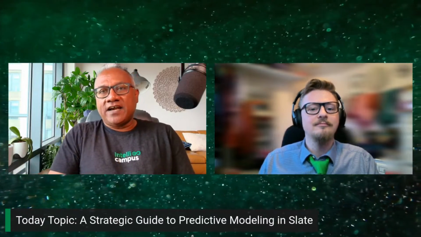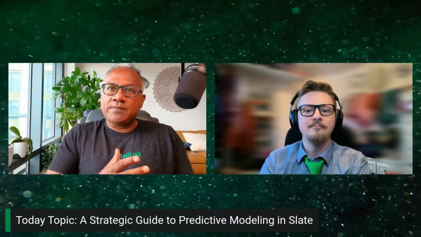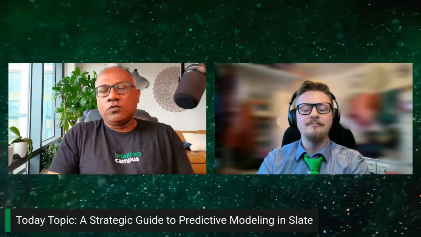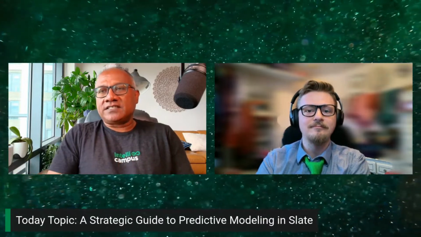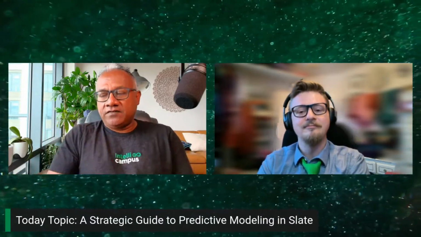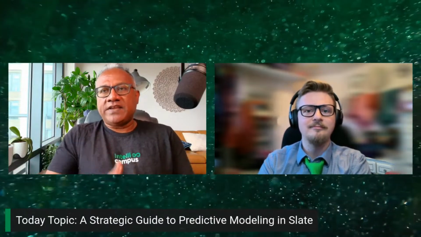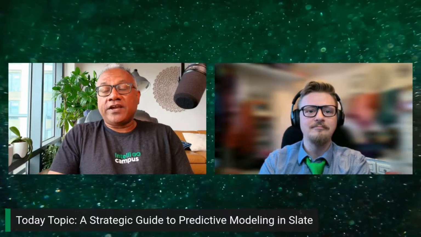Today, David's going to be giving us a little bit of strategy. In this type of session in the Beehive, we're diving a little more into the Slate product. Of course, you could use this with any other kind of product you have, but because David happens to be a Slate expert, we use it there.